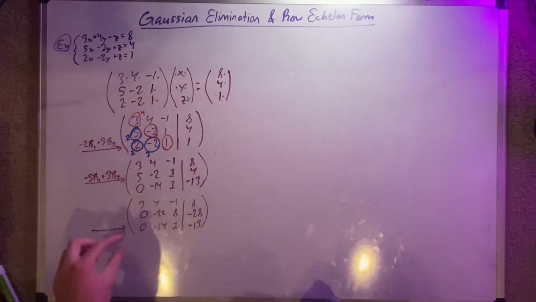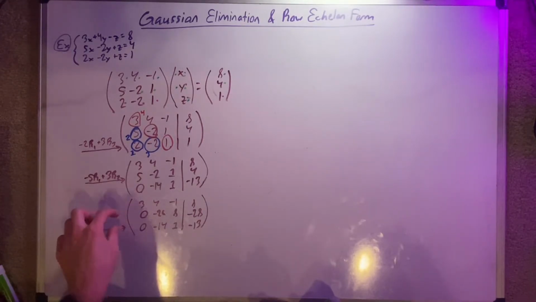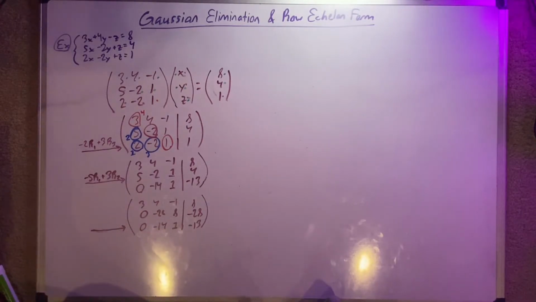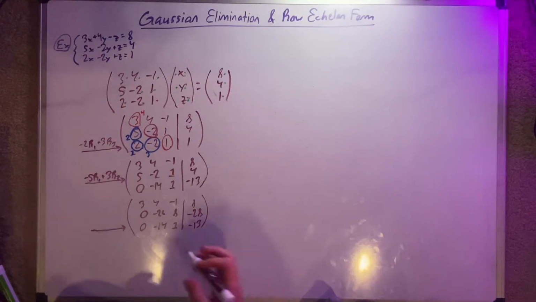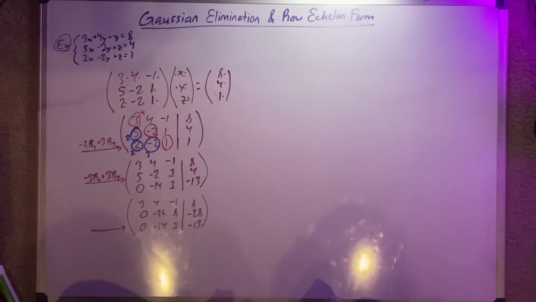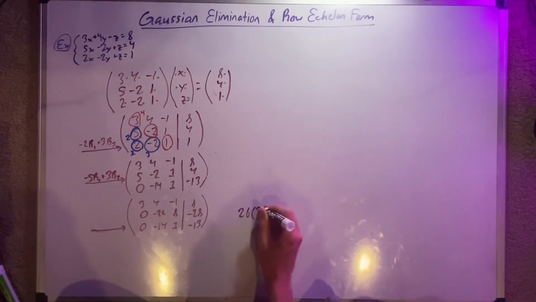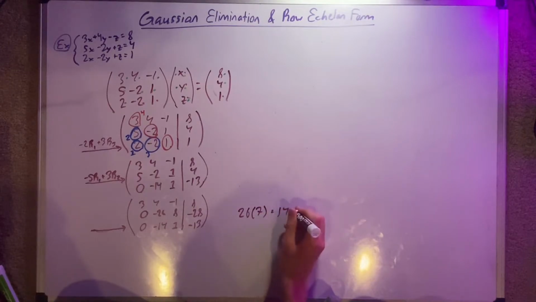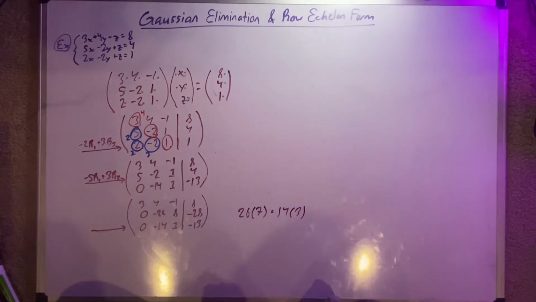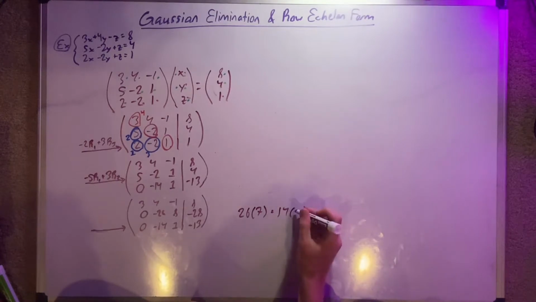So we have to only use these two rows here to keep these two equal to 0. So we have to do something times row 2 plus something times row 3, and we can only do that. We can't use row 1. So I already went ahead and did this one like I already said, and I already determined that 26 times 7 is equal to 14 times 13.